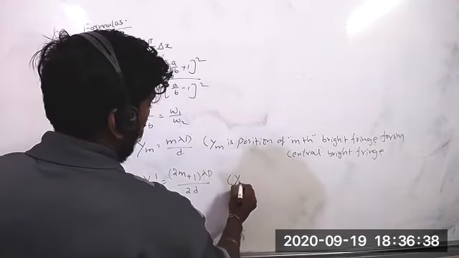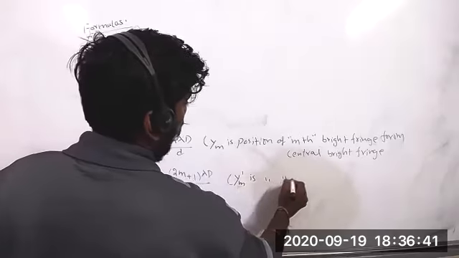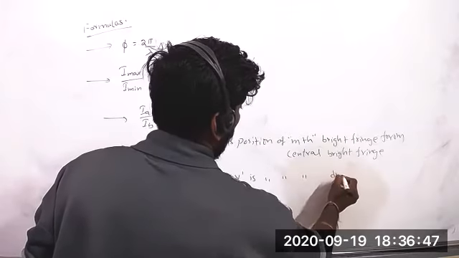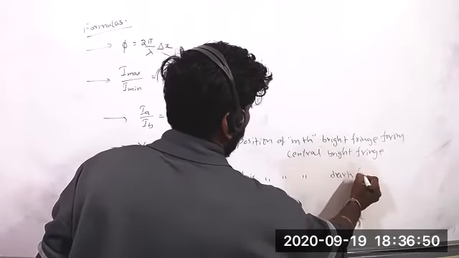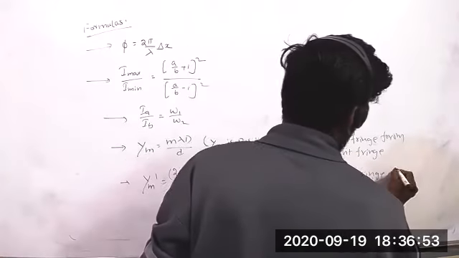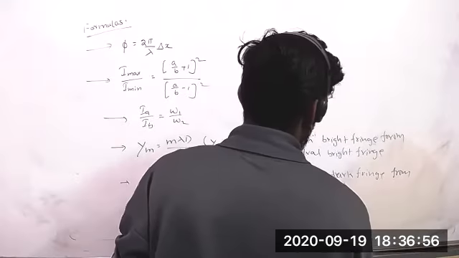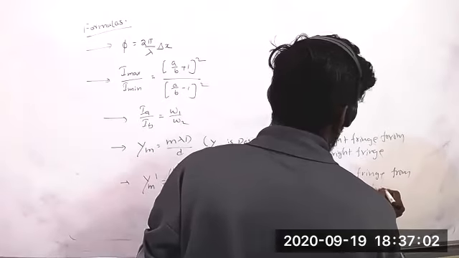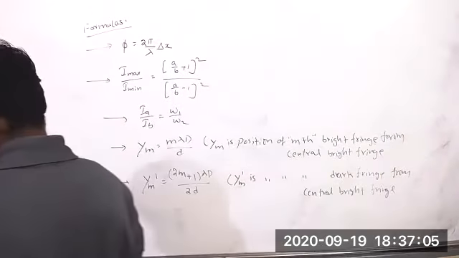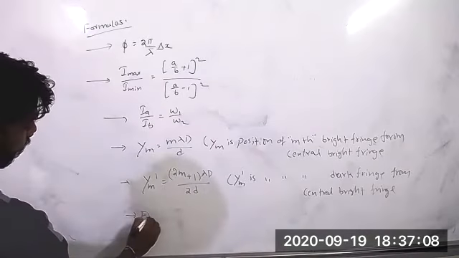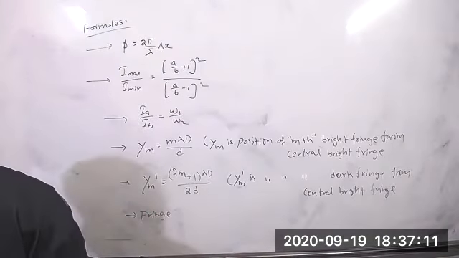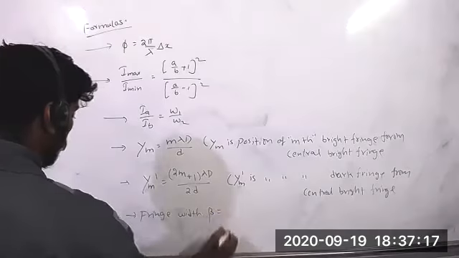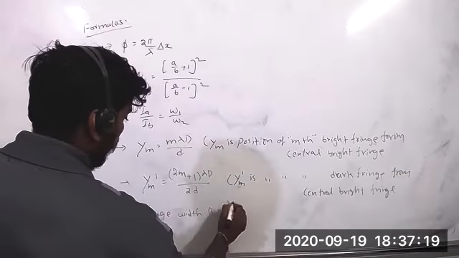Here Ym dash is the position of the mth dark fringe from the central bright fringe. Fringe width, beta equal to lambda capital D by small d.